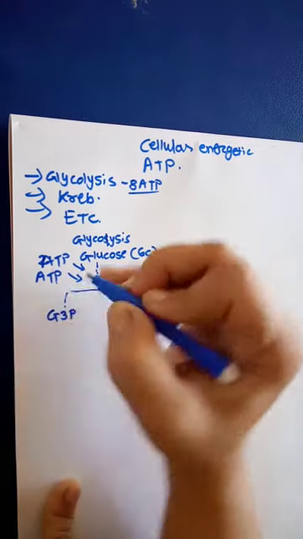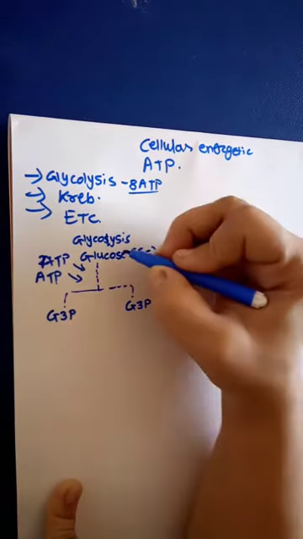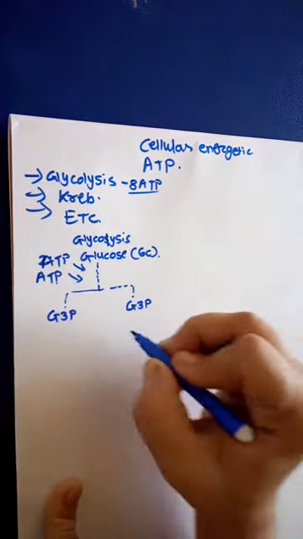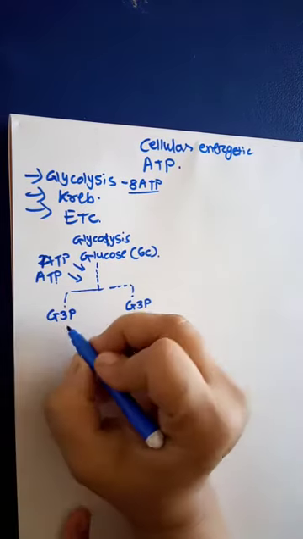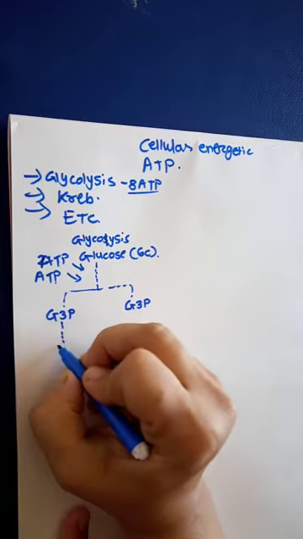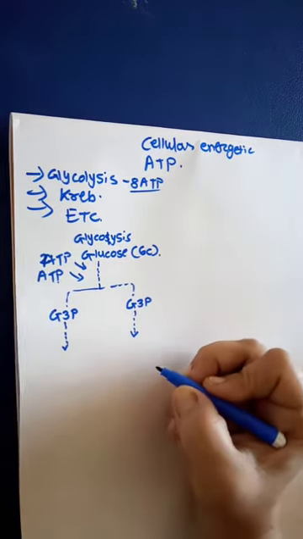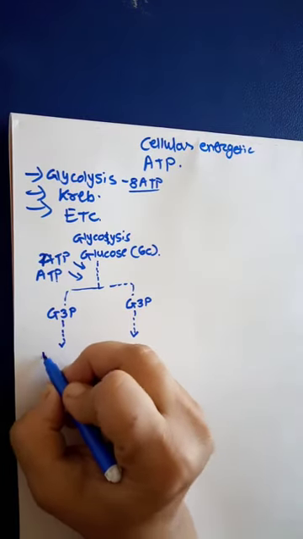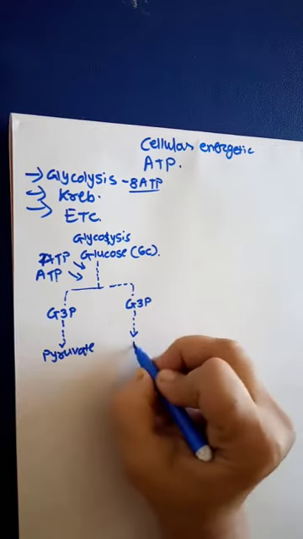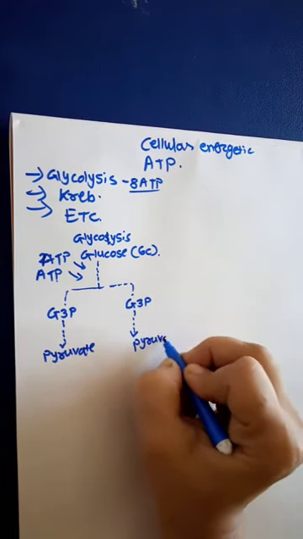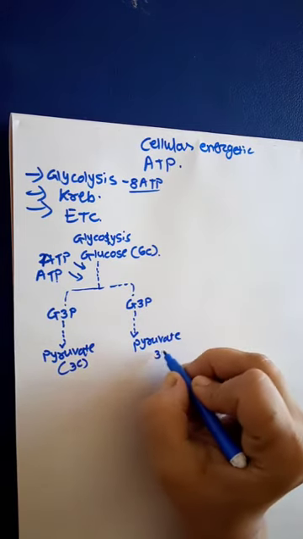There is a utilization of two ATP molecules during the conversion of glucose to glyceraldehyde 3-phosphate. Then this glyceraldehyde 3-phosphate also undergoes a series of reactions, and finally we get pyruvate, which is a 3 carbon compound.